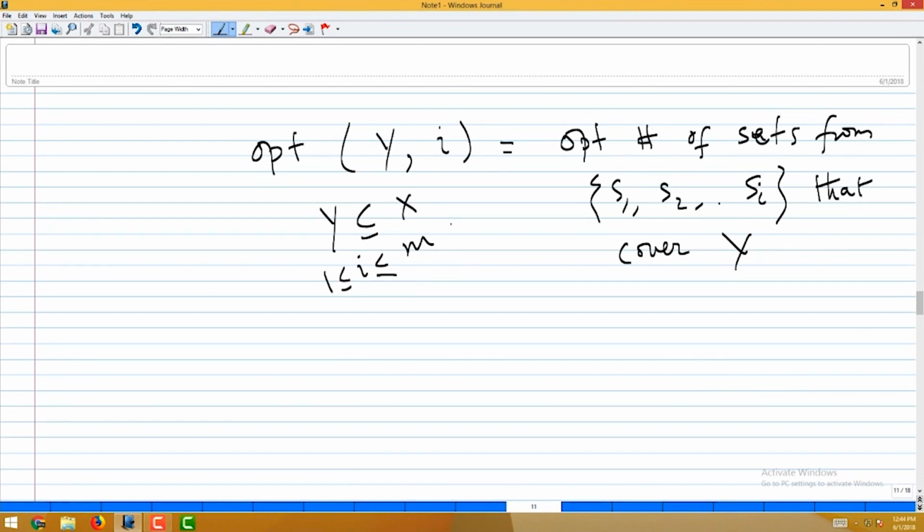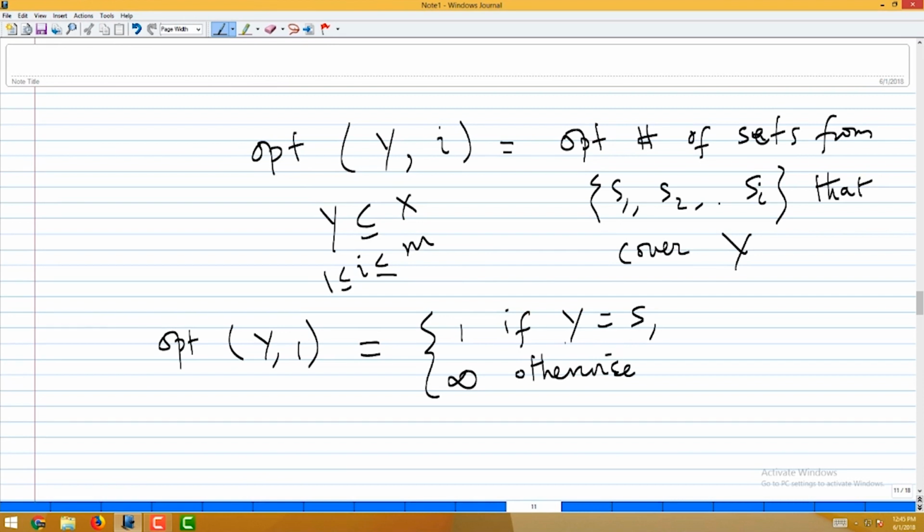Suppose I is 1, then what is it? Opt of Y comma 1 would be, I want the number of sets, 1 always. S1 may or may not cover Y, otherwise 0. Somehow you want to say that if you cannot cover, infinity, because it is a minimization problem. So, this would be 1 if Y is contained in S1 and infinity otherwise.